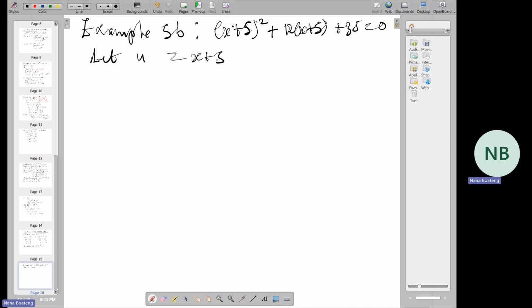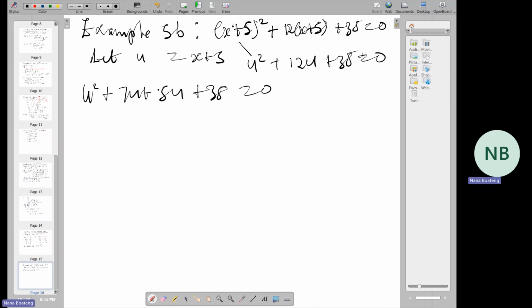So if we do that, then we can simplify this equation to be u squared plus 12u plus 35 is equal to 0. So this becomes a quadratic equation that we can factorize. We can write the 12u as 7u plus 5u, so u squared plus 7u plus 5u plus 35 is equal to 0.